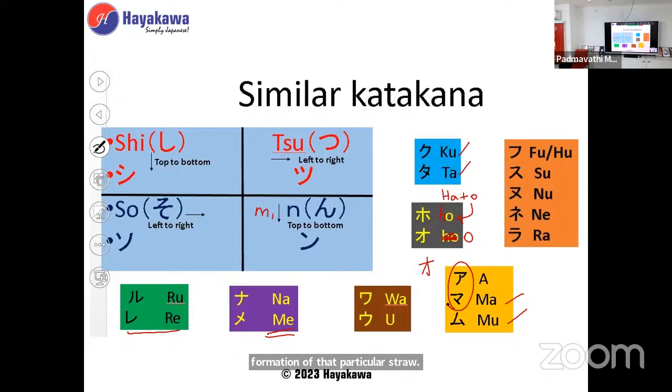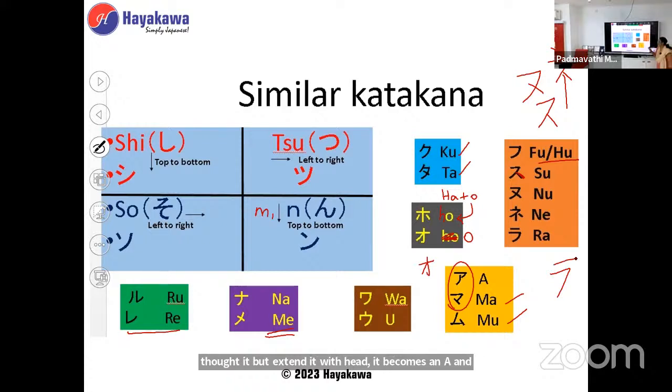Now with the 7-like structure we have so many. Fu or hu: when you put another extra stroke, this is fu or hu. When you put one more, it becomes su. When you cut it, it becomes nu. When you don't cut it but extend it with a head, it becomes ne. And when you put a stroke on top, it becomes ra.